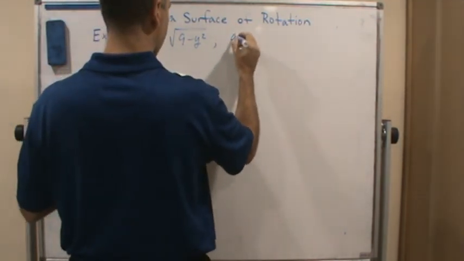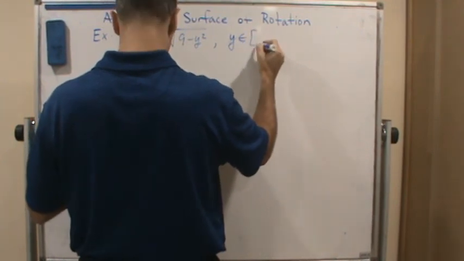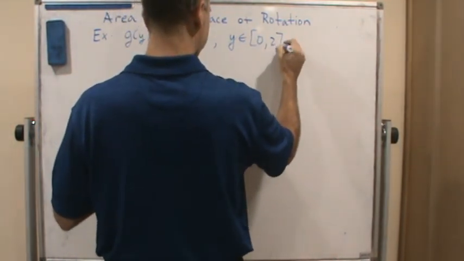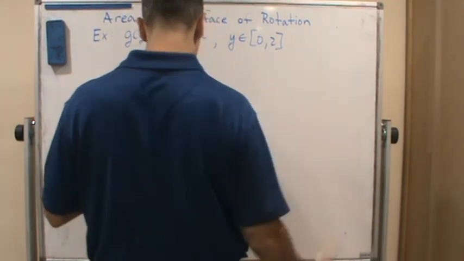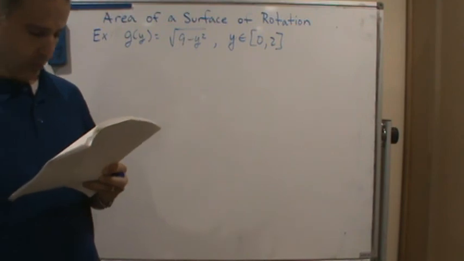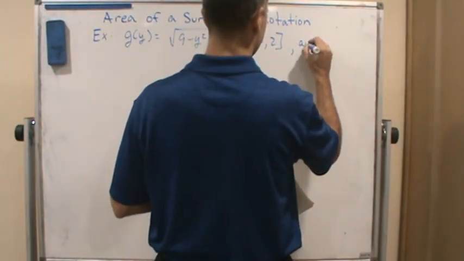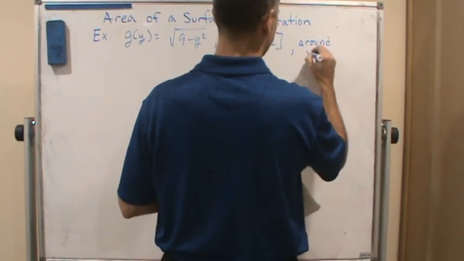And the interval is for all y in the interval 0 to 2. And they want to find the surface area of the surface generated by revolving the graph of g of y around the y-axis.